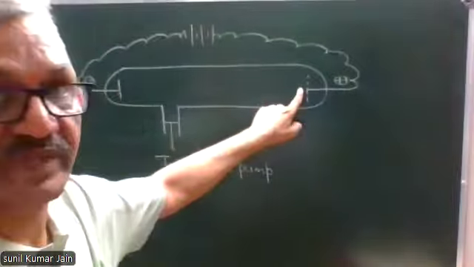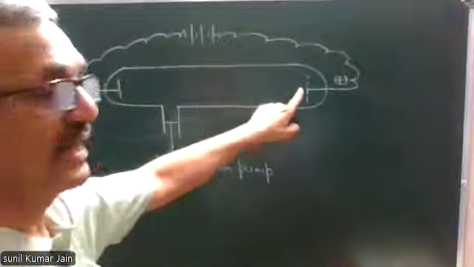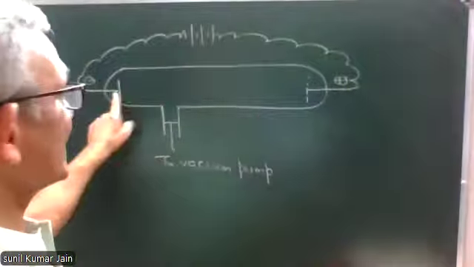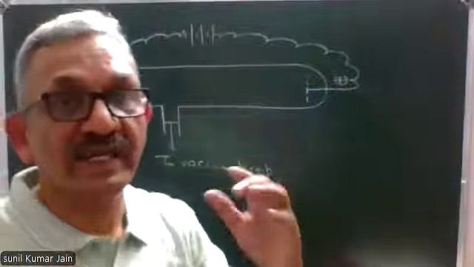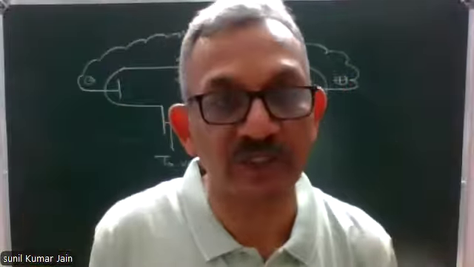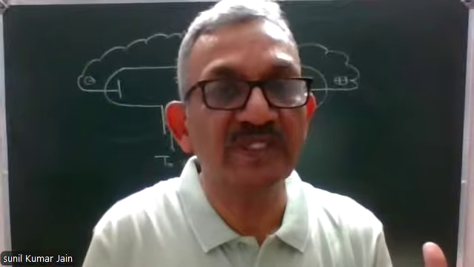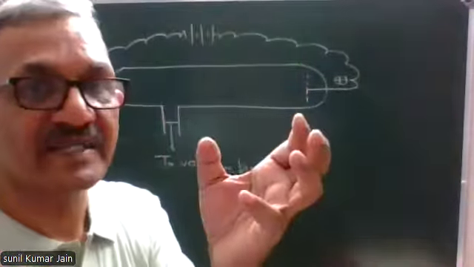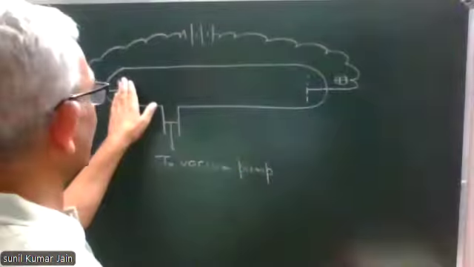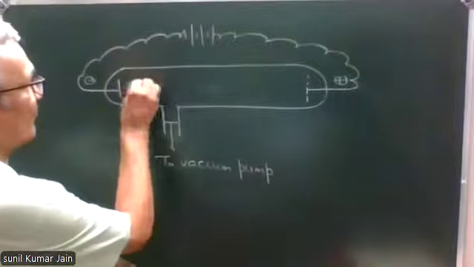On two ends of this tube, there are metal electrodes. Negative is cathode, positive is anode. And these two metal electrodes are connected to a source of high voltage. When high voltage is applied, then some invisible particles are produced which travel from cathode towards anode.